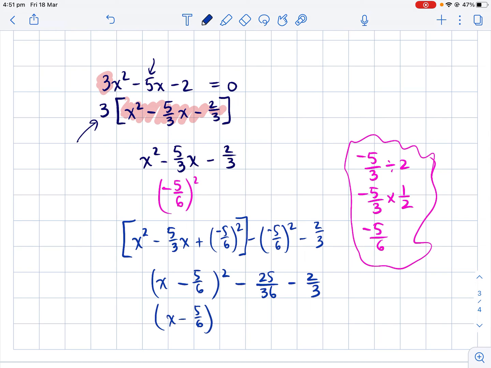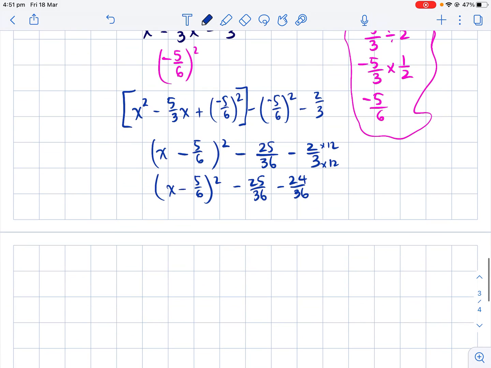Deal with these fractions outside my squared box. They are going to become negative 25 over 36 minus, times this one by 12, times this one by 12, minus 24 over 36, which is quite a nice fraction.